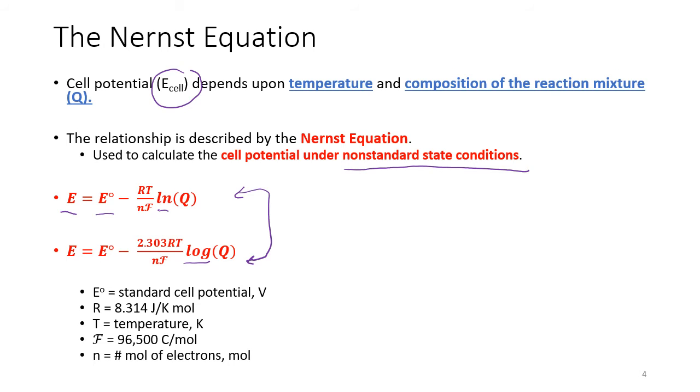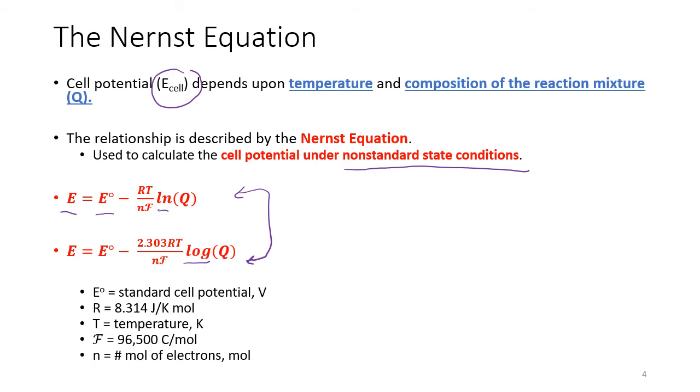So just a reminder, E naught is our standard cell potential in volts. R is called the gas law constant, and the value for R we're going to want to use here is 8.314 joules per Kelvin times mole. The temperature is T, capital T, and that has to be in units of Kelvin.